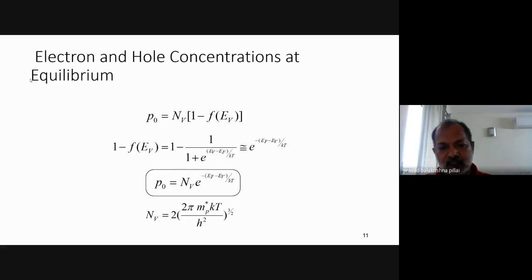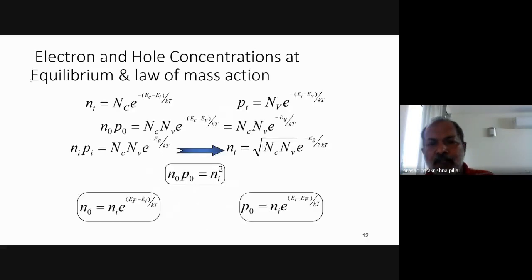The density of states will be decided by the effective mass of holes in the valence band and the temperature. The other parameters are constant. Then multiplied by the Fermi function, or the probability function, which is actually the same as the Maxwell function, will give me the carrier concentration of holes in the valence band.